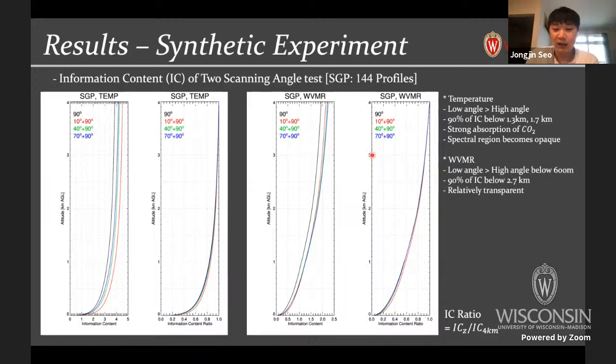Also, 90% of information exists below 2.7 kilometers. It is higher than the temperature, because the spectral resonance for water vapor is relatively transparent compared to the spectral resonance for temperatures.